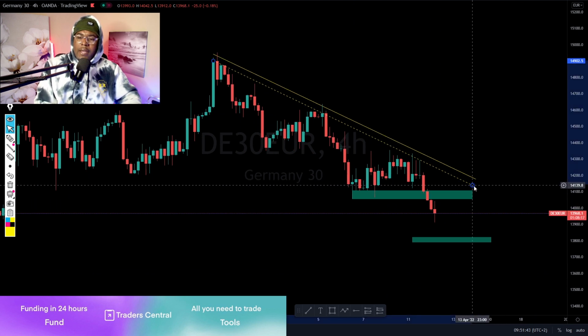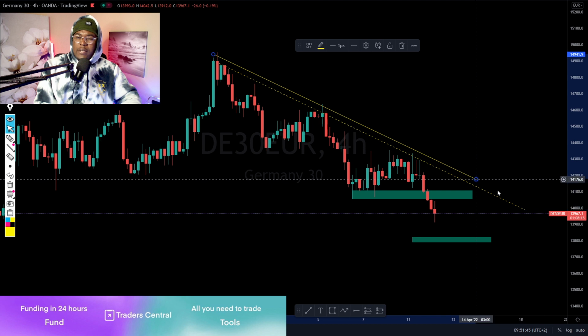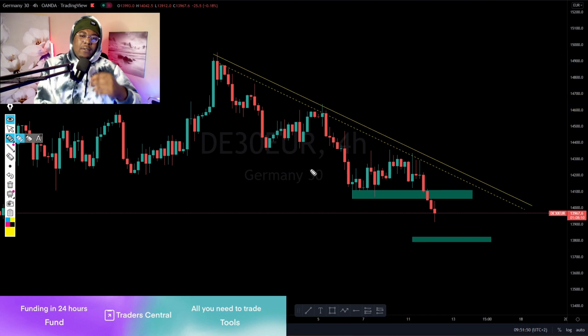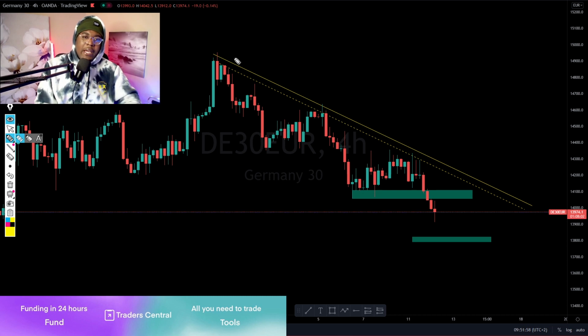So what's really happening here on German 30, or DAX, German 40? This is a 4-hour time frame. I used the 4-hour time frame today so that you can understand what's happening, because I can still see the same thing I saw yesterday.